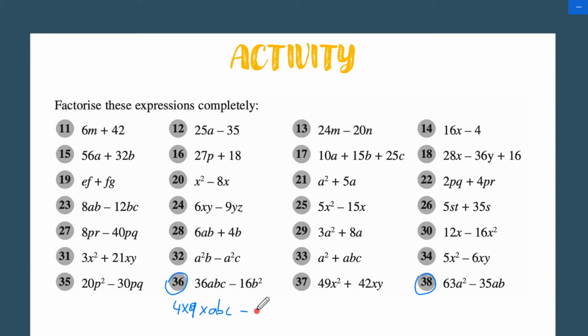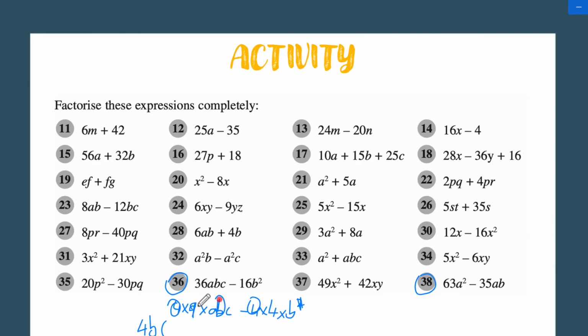And here I can write this as 4 times 4 times b squared. And obviously what's repeating here is the 4 and the b. So when I factorize this, I'm going to write it as 4b, and then if I divide this by 4, I have a 9.